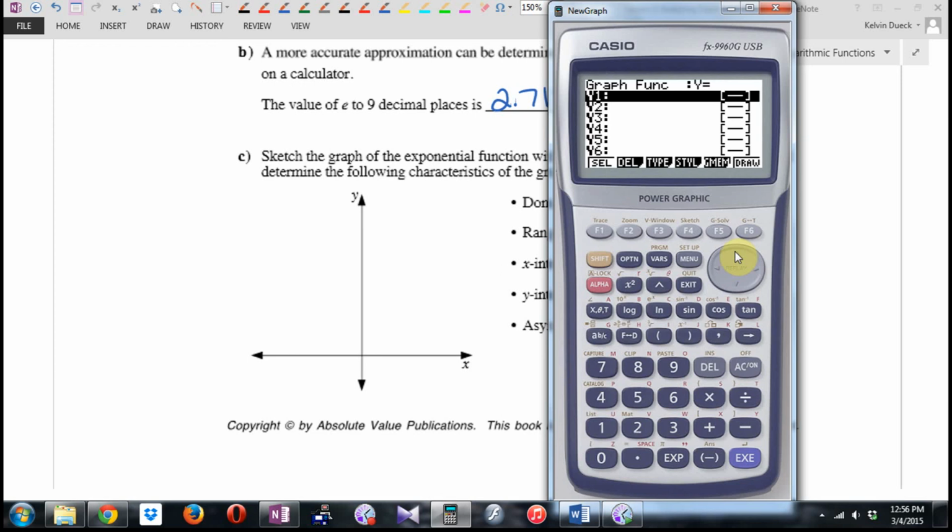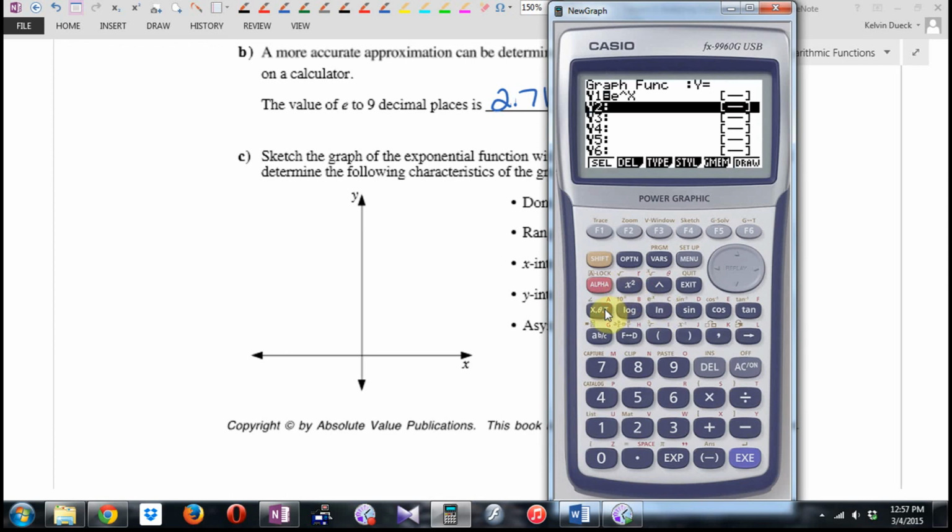I'm going to go second function ln, and when you do that, it's not going to show you the to the power of, but you know it's there. You don't have to add it yourself. For ours it does. Where's ln? How do we just find the e? Shift right here. So now I know you weren't following along on the last one. Busted! Okay, so it's shift ln, shift ln, to the x.